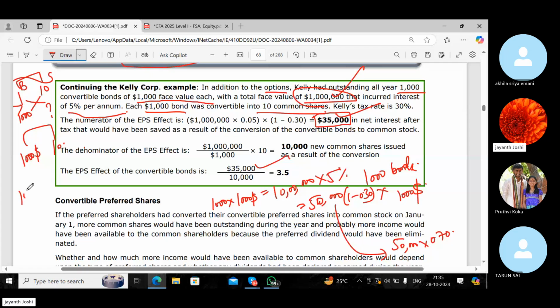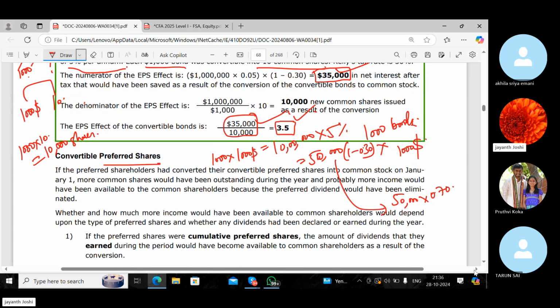One bond is converted to 10 shares, so 1,000 bonds will be converted to how many shares? 1,000 into 10, so cross multiply, we got 10,000 shares. We divide this and we get the EPS effect of the convertible bonds, that is 3.5. Okay, now let's move forward.